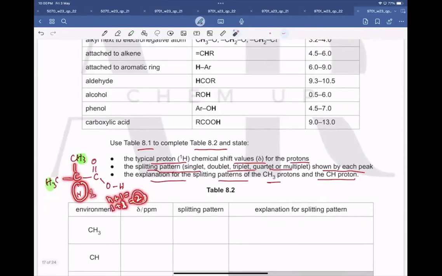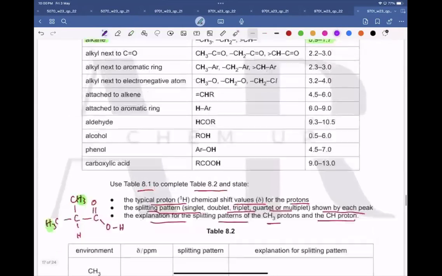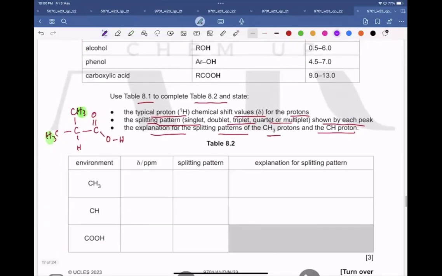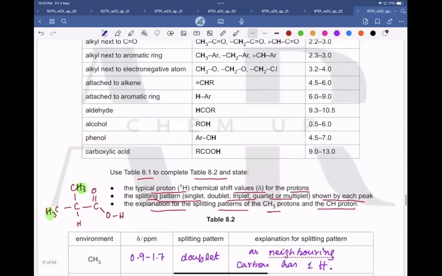So the splitting pattern would be a doublet because the neighboring carbon has one hydrogen only. Chemical shift 0.9 to 1.7, splitting pattern doublet, as the neighboring carbon has one hydrogen. Is this understandable to all of you?